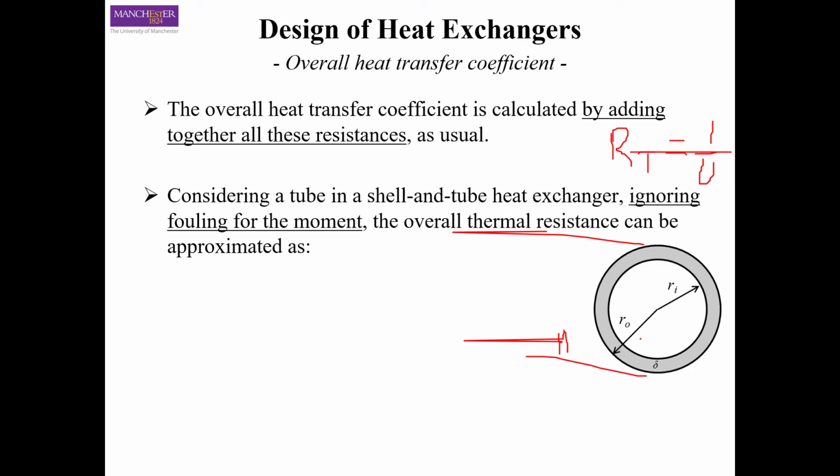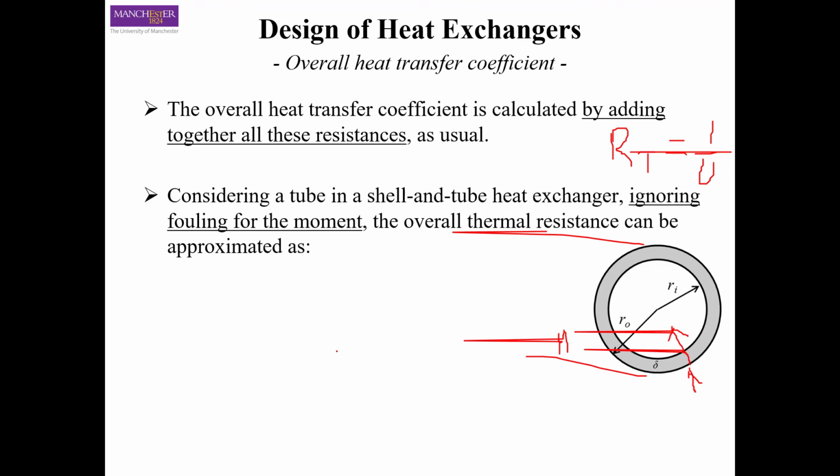The difference of these two radii gives you the thickness of the tube, or the thickness of the wall. Now, because you don't have any fouling, you have convection on the outside of the tube on the shell side, then you have conduction here in the wall, and then you have convection inside the tube. So you have convection, conduction, and convection again.